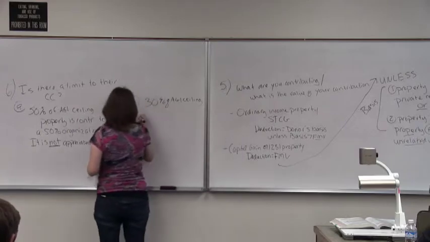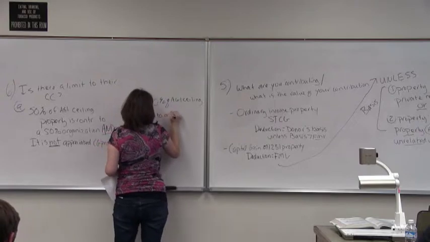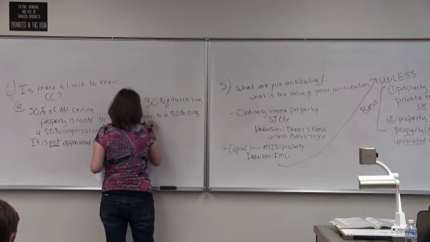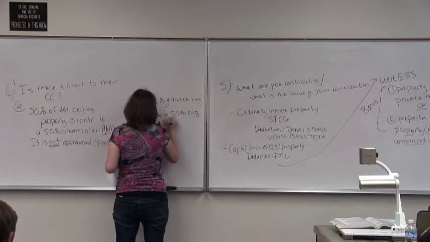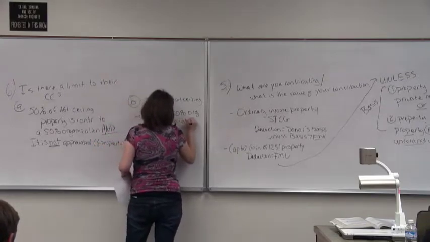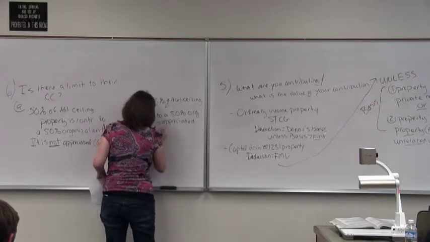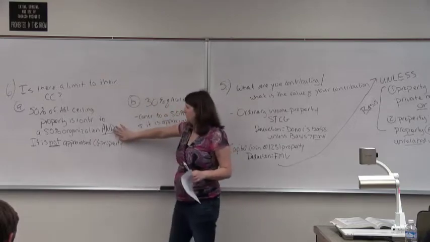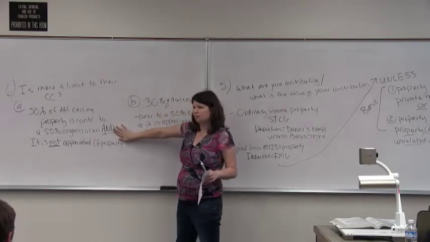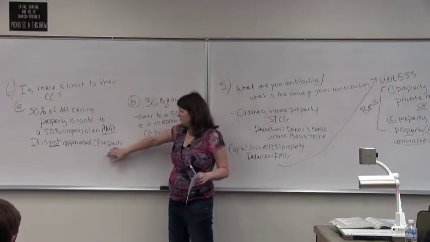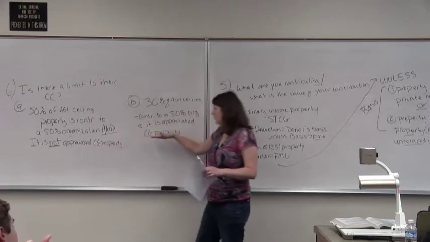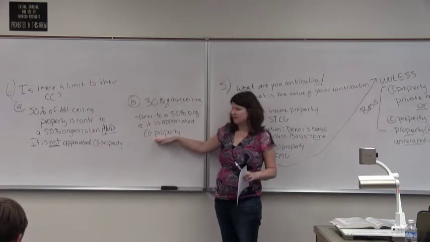One, it is contributed to a 50% organization, and it is appreciated capital gain property. So what does that mean? If you fall out of the 50% right here, because you're contributing appreciated capital gain property, then you're going to automatically be in the 30% ceiling.